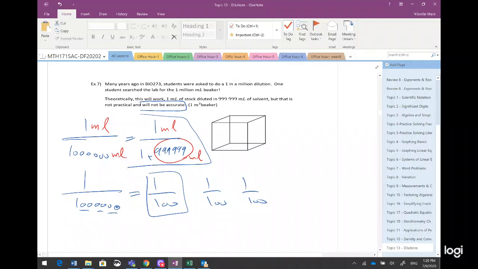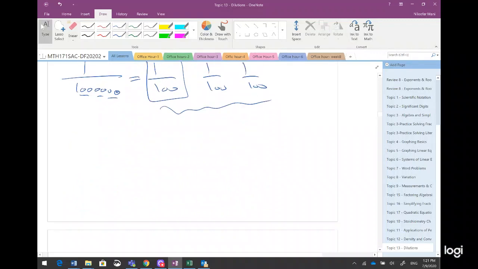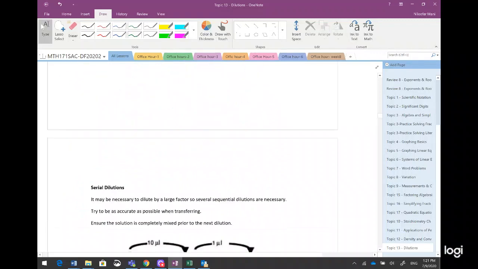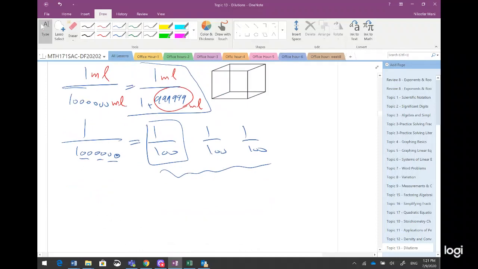So how can we do something like 1 to 1 million dilution? What should we do here? The recommendation, the lesson coming in the next page, is serial dilution. We can do dilution and dilution and dilution, so several dilutions, and then reach what we need, which will be feasible and more accurate.